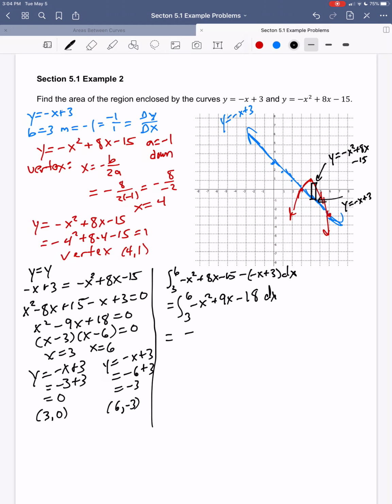So I'm going to increase the exponent by 1 and divide by that new exponent. So I'm going to plug in 6. Then I'm going to plug in 3 and subtract.